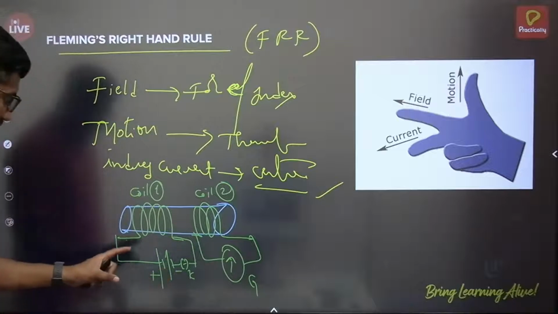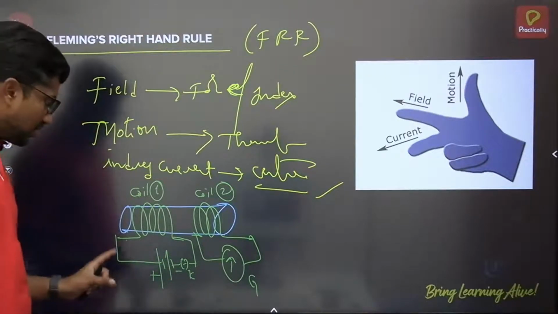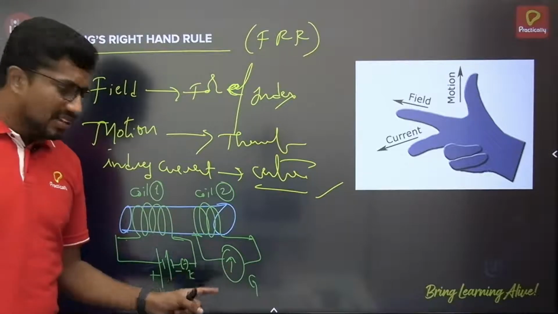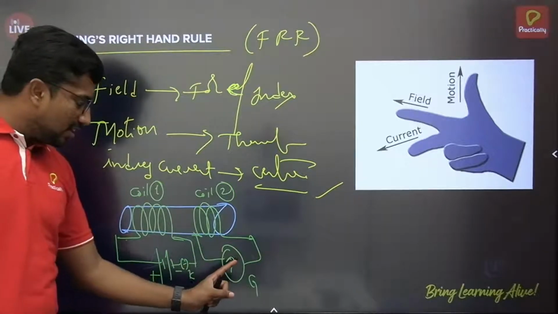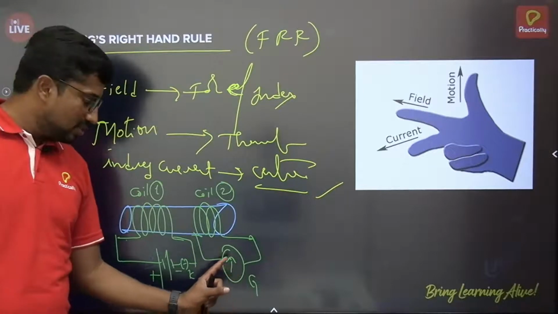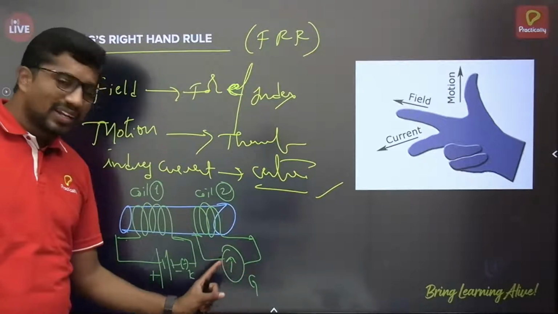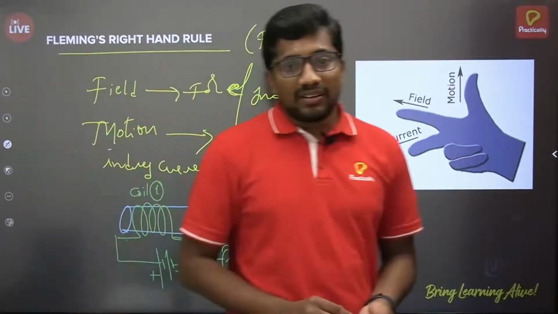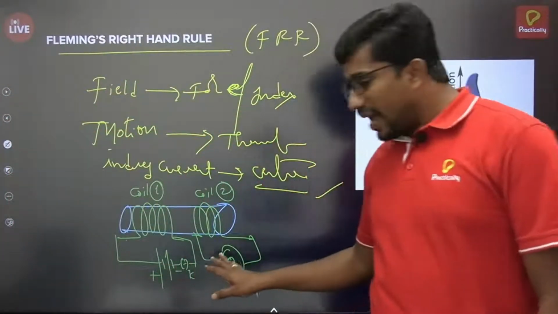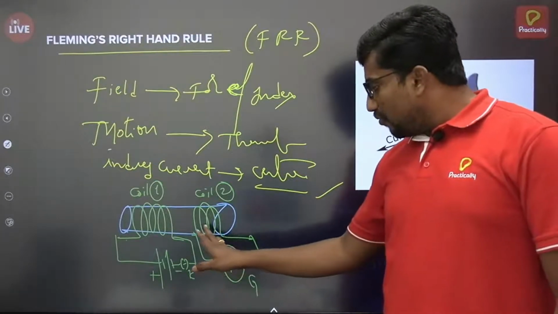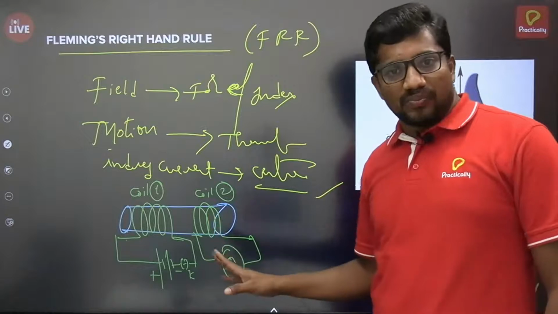Now when electric current is passed through coil 1, you can notice the needle in the galvanometer shows deflection. So what does it mean? There is no direct connection of a voltage source to coil 2.